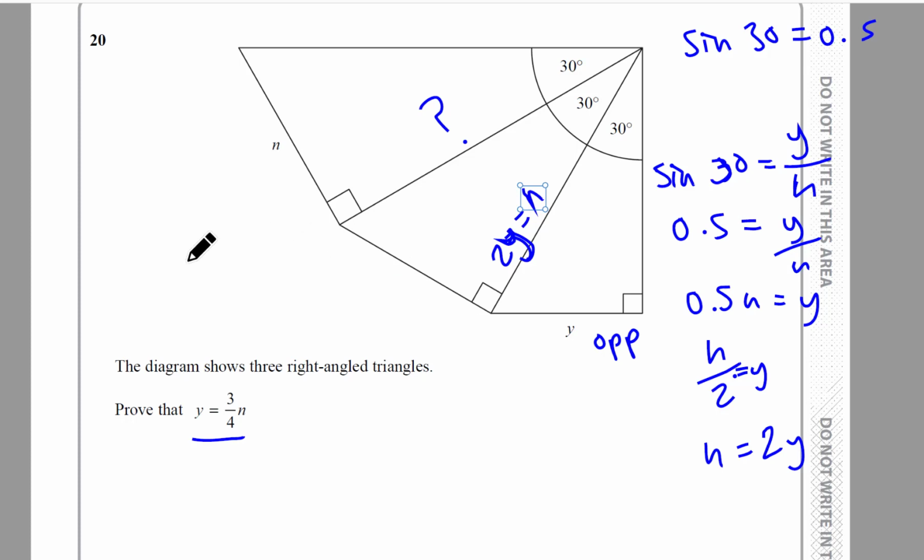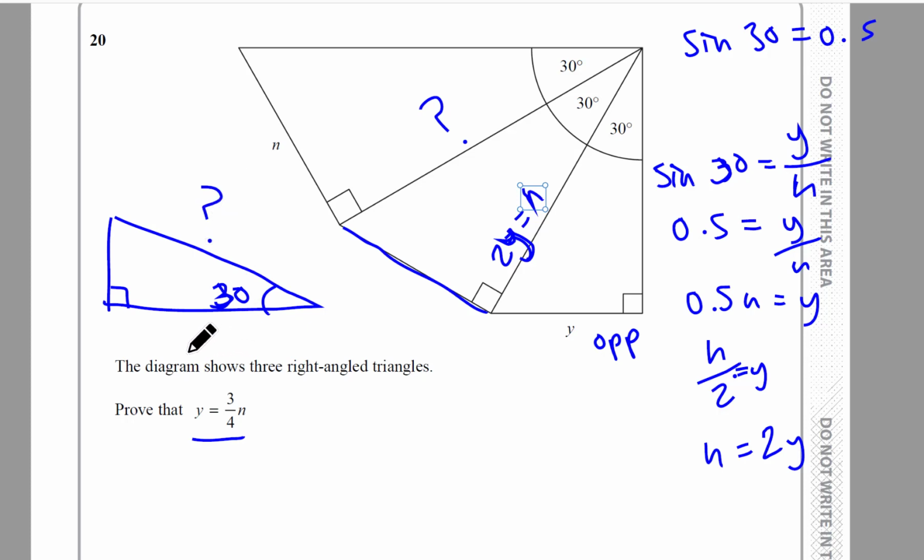So for this triangle here now, we've got 30. We've got the right angle here. We want to find this angle, the question mark here.